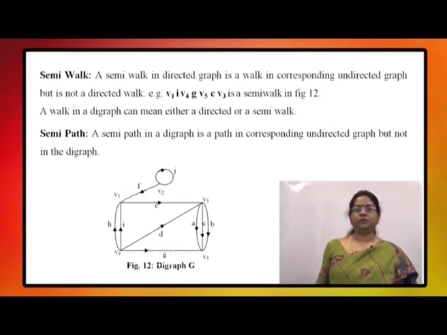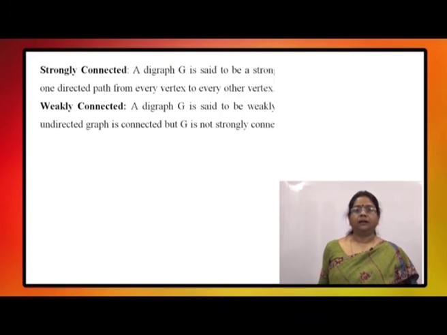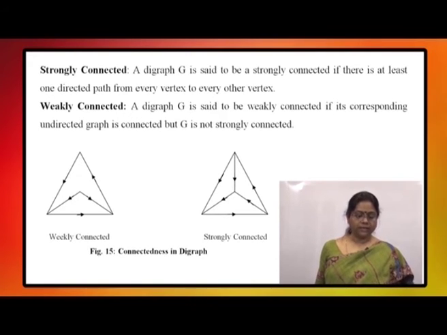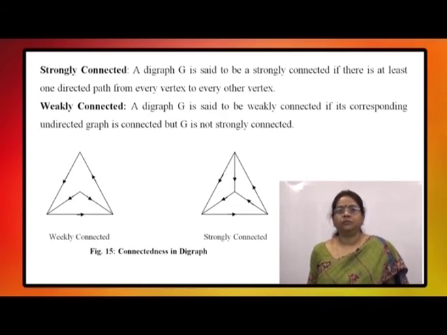Now, in short, we will discuss the connectivity of a digraph. As we saw, the walk is defined in two ways, directed walk and semi-walk, directed path and semi-path. So connectivity is also defined in two ways: strongly connected or weakly connected. Strong connectedness is obtained from directed paths, and weak connectedness is defined from semi-paths.